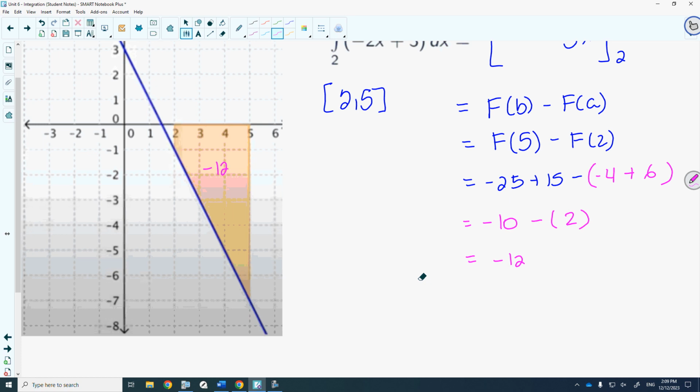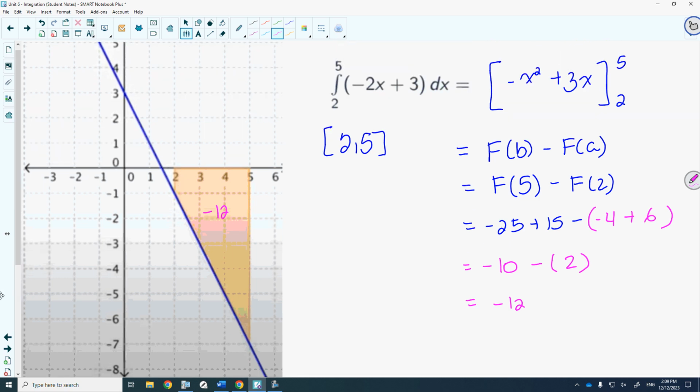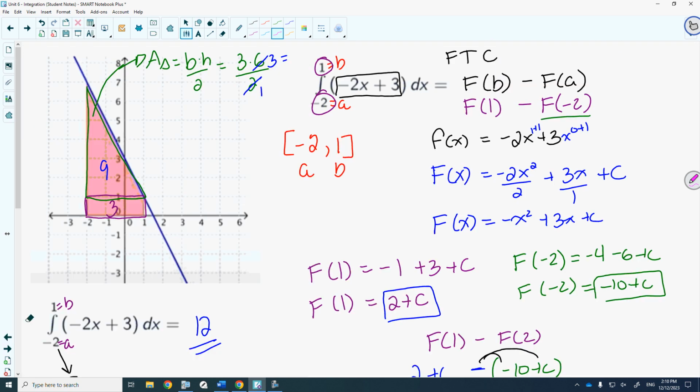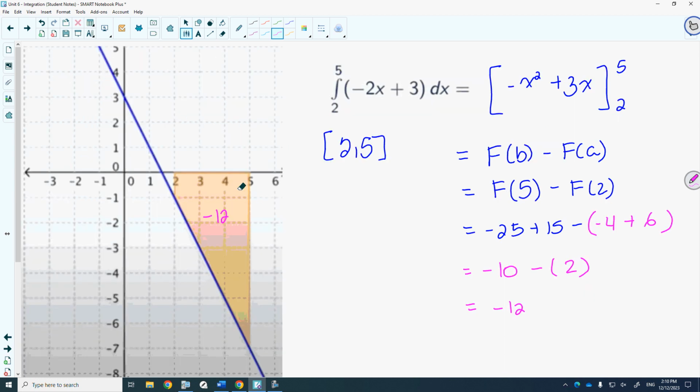So let's see if this makes sense. This shape, I don't know if you could tell, is the exact same as this one, except it's been reflected, and the shape is now below the x-axis. So this was 12 units. It would make sense that the exact same shape down here would be 12 units. Does anybody know why the shape would be negative? What's different about this shape?